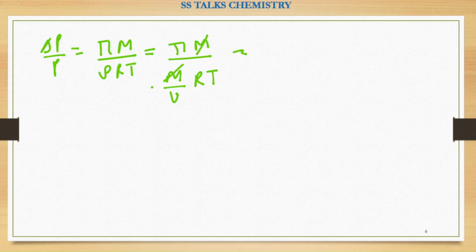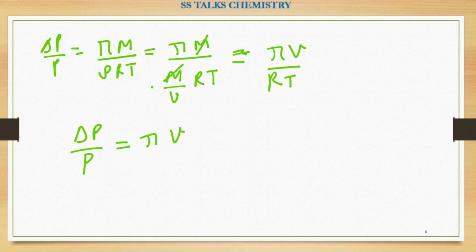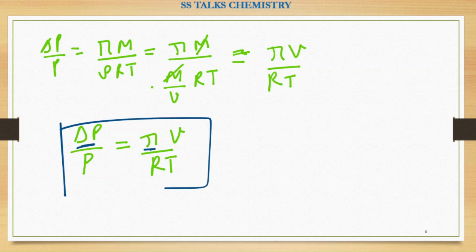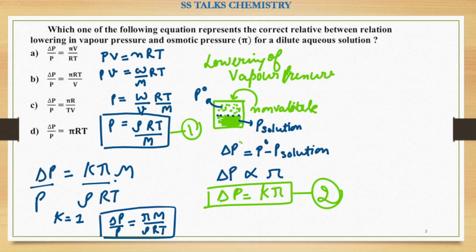So this V is going to go in the numerator: pi V upon RT. So this is the relationship: delta P by P is equal to pi into V upon RT. This is the relationship between the lowering of the vapor pressure and the osmotic pressure, right? So delta P by P equal to pi V by RT is given to us in option A over here.